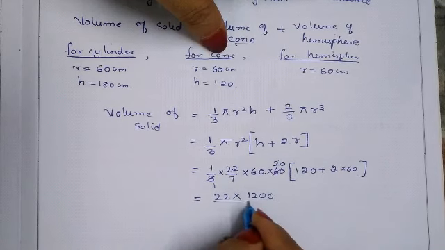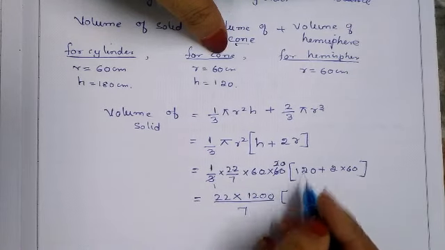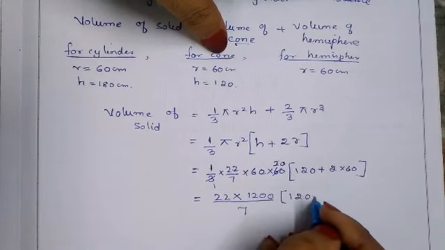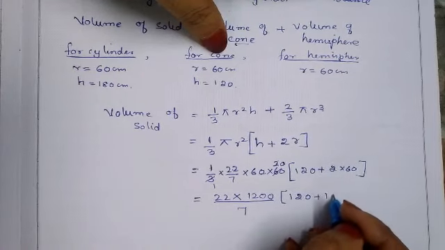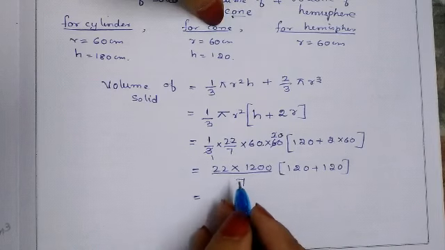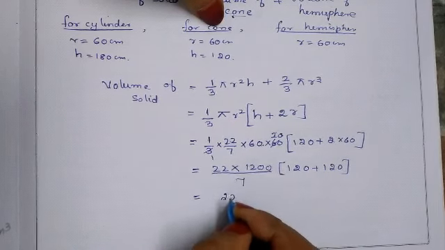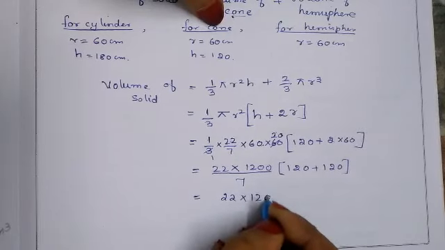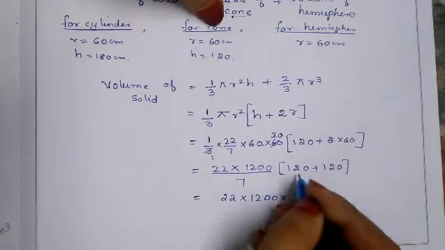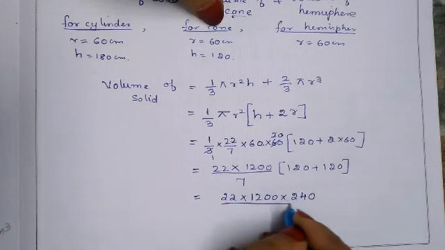So upon 7 as it is into 120 plus 6 twos are 12, 120. So what we got here next? 22 into 1200 into 120 plus 120 is 240 upon 7.